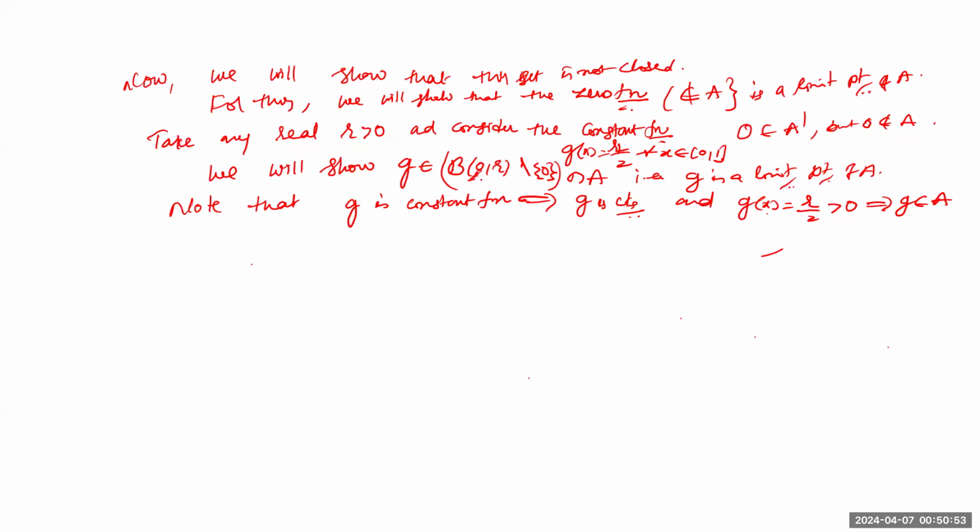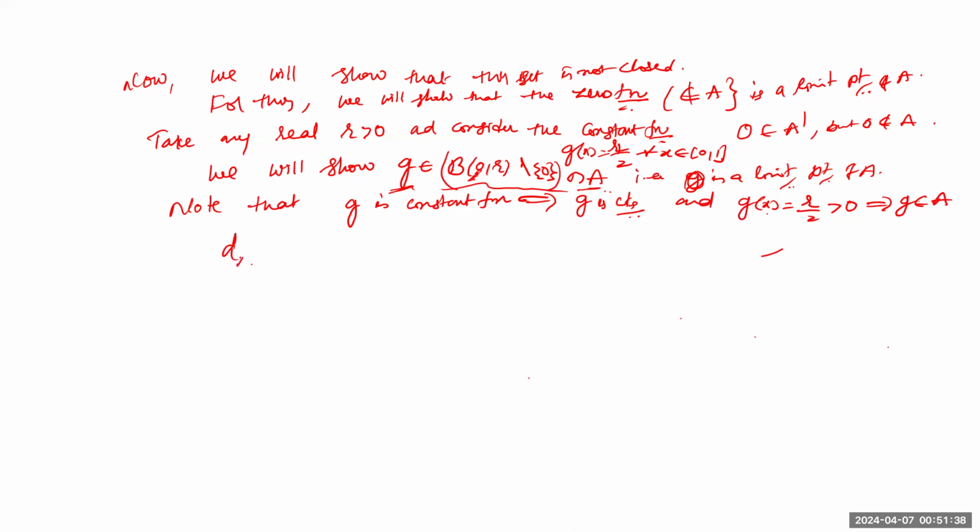This 0 is the 0 function, not a number, right? This 0 is a limit point of A because the function g is in the intersection of the open ball different from 0 and A, right? So what does g belong to? Of course, C of 0 comma 1.